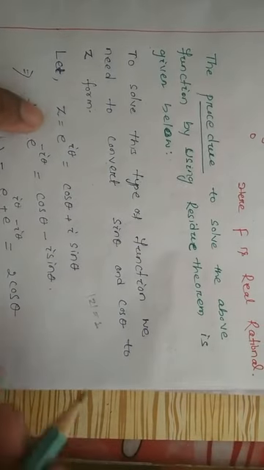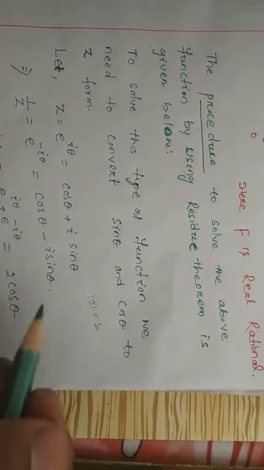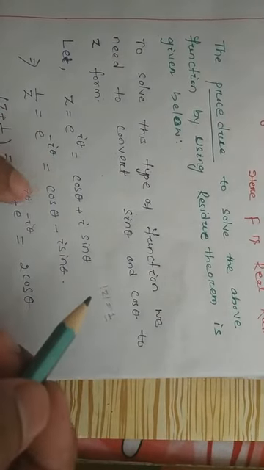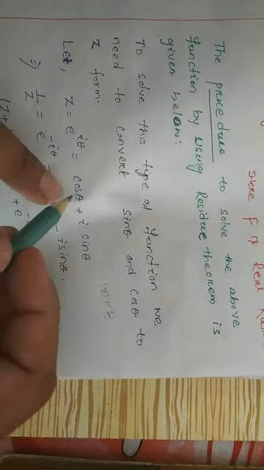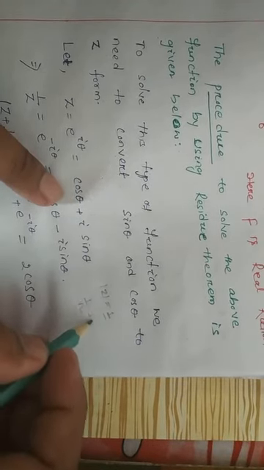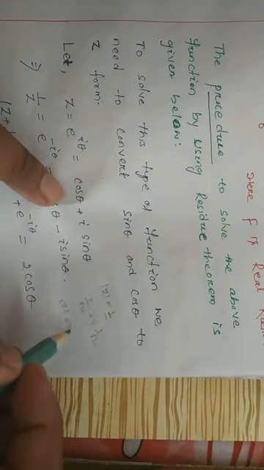If we consider any angle between 0 and 2 pi, we find |z| equal to 1. Suppose we consider pi by 4: cos pi by 4 is 1 by root 2 plus i sin pi by 4, 1 by root 2, but |z| is equal to 1.